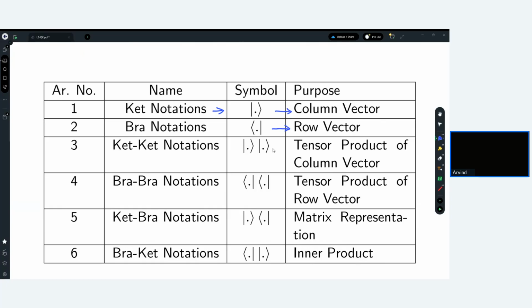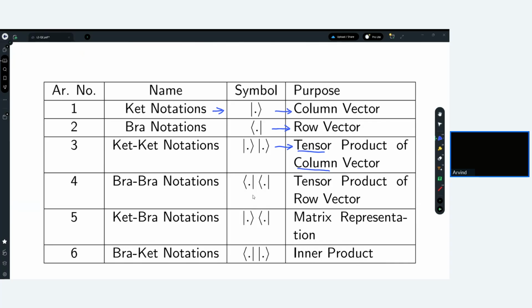A combination of two Ket notations is used to perform the tensor product of column vectors.